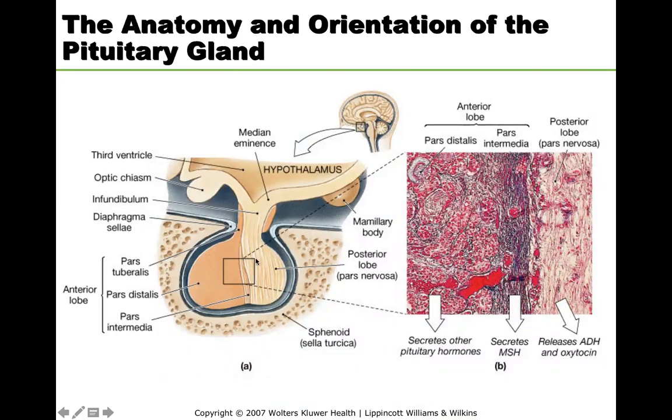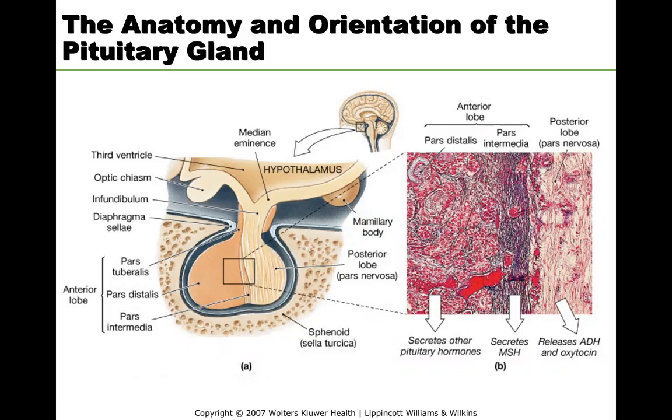The hypothalamus is connected to the pituitary by this stalk-like structure which is known as the infundibulum. The pituitary in turn has two regions. One is known as the anterior lobe, or adenohypophysis, and the other is known as the posterior lobe, or neurohypophysis.